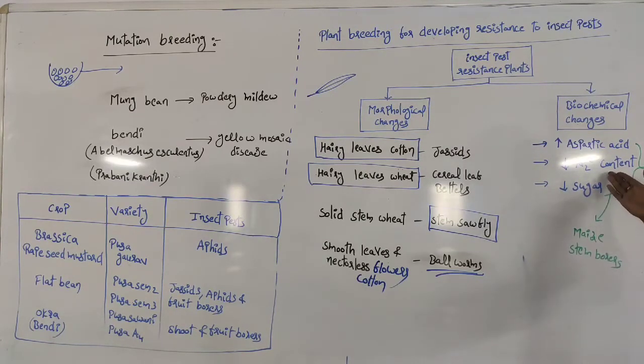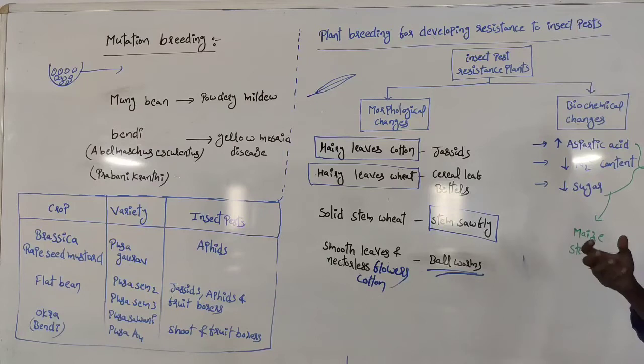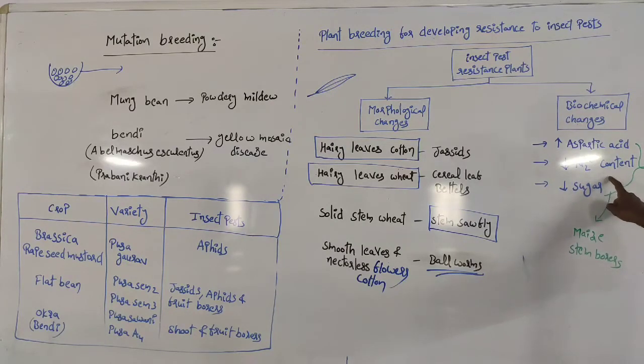And next one, decrease the nitrogen content. If the plant has high nitrogen content, the insect especially needs more nitrogen, so the pest attacks the plant and takes in that nitrogen. So decrease the nitrogen content and decrease the sugar content.